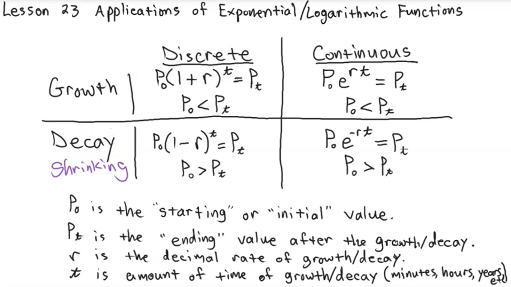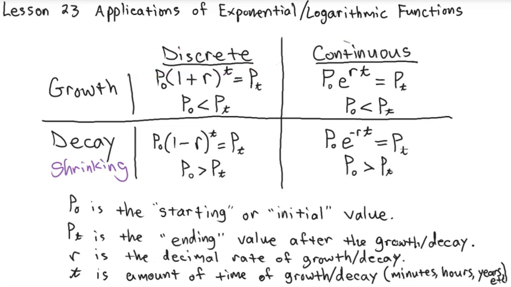And there are two ways that a population can either grow or decay. They can grow discretely or they can grow continuously. Now, if they are growing continuously, you will always see the word continuously. If you do not see the word continuously, then it is automatically a discrete function.